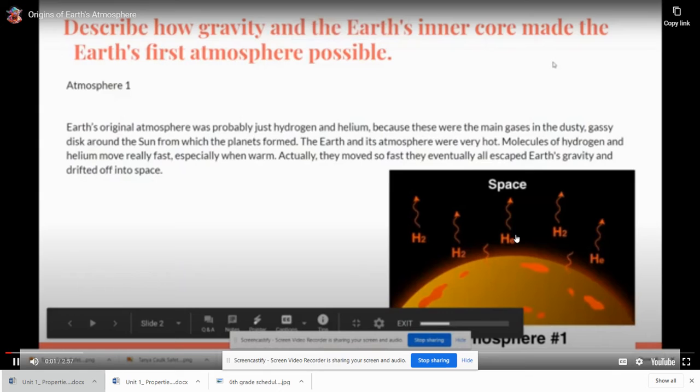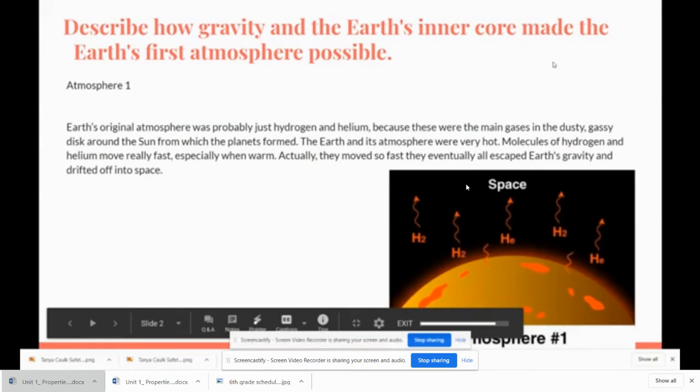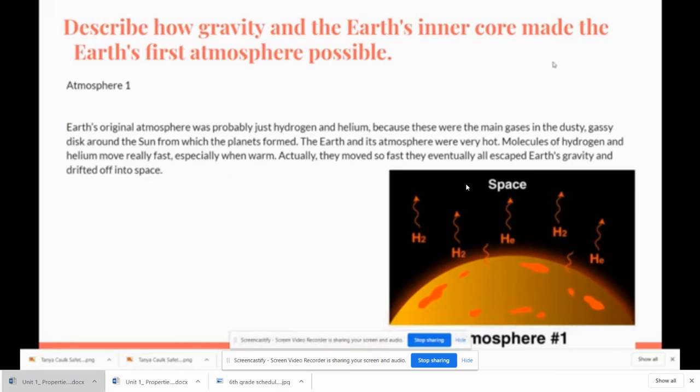Let's talk a little bit about the origin of Earth's atmosphere, or where Earth's atmosphere came from. So Earth really had 3 different atmospheres. In the very beginning, the atmosphere was made mostly of hydrogen and helium gas, because those were basically the main gases in the planets around the sun at the time.